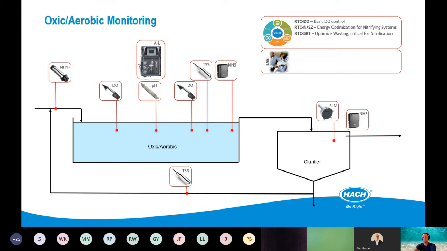And if we have multiple trains, we may be wanting to measure what's coming out of the entire system, multiple trains leading into one pipe that then heads to the effluent. We want to understand what the nitrogen content, ammonia nitrogen content is going out, as well as potentially total suspended solids.